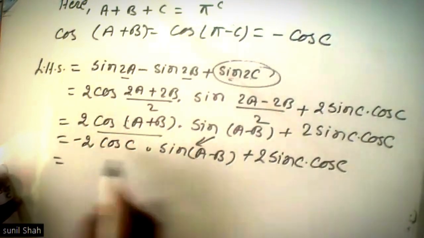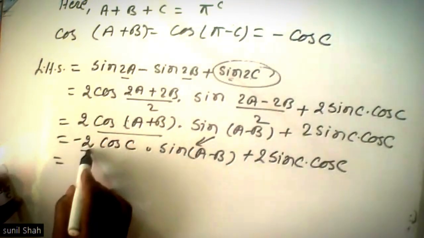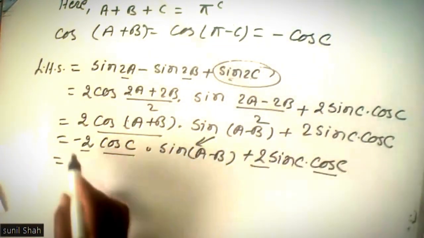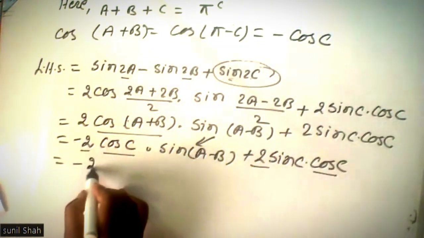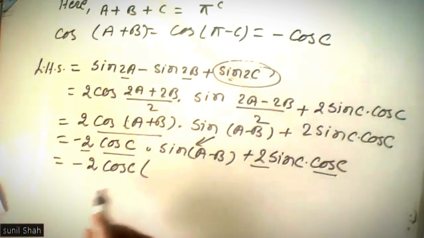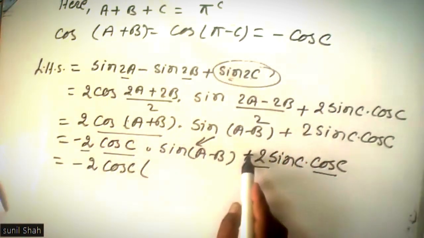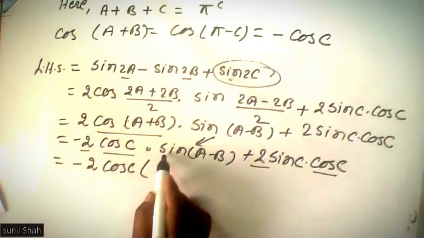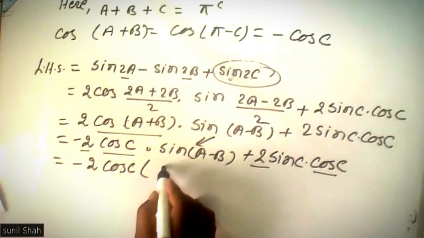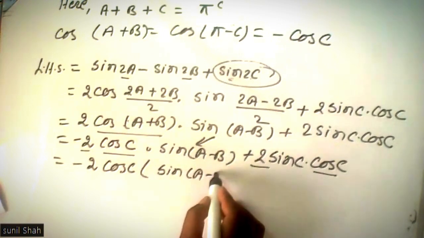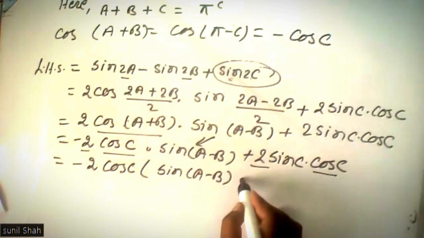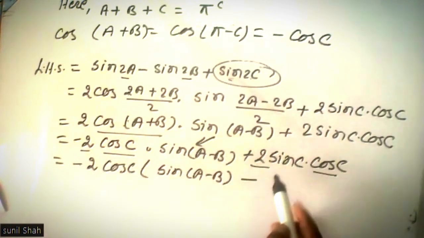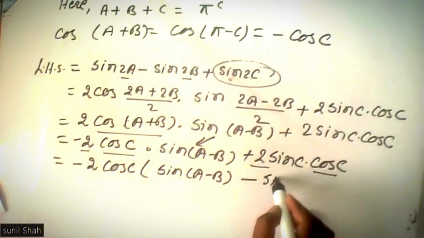What is common in first and second term? 2 cos c. We can take minus as well, minus 2 cos c. When we take minus as common, then sign of this will be changed. So minus 2 cos c is taken out. This remains inside the bracket, sin (a minus b). Since minus is taken out, this plus becomes minus, and sin c.